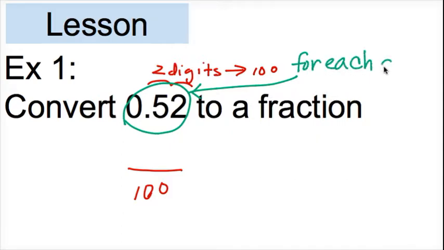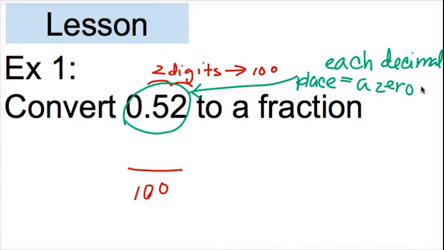Each decimal place equals a 0 in the power of 10.